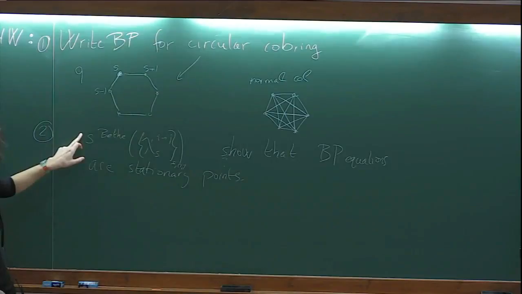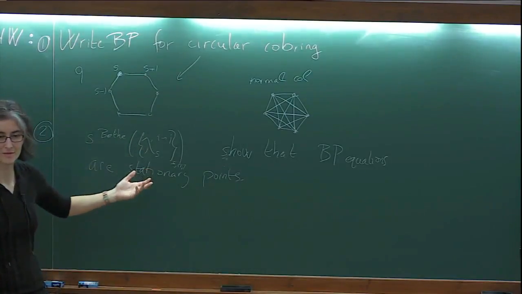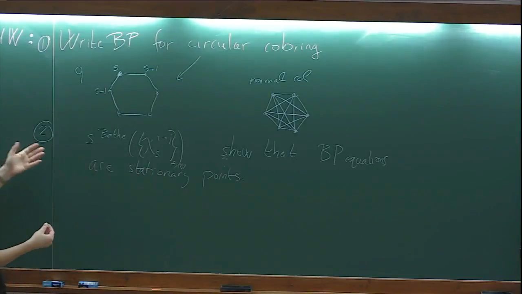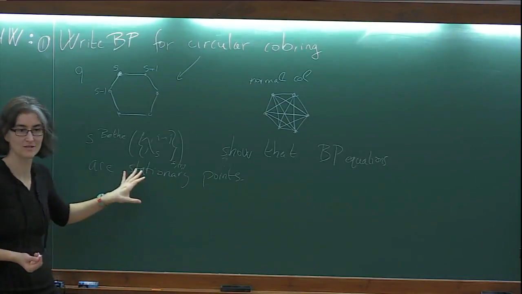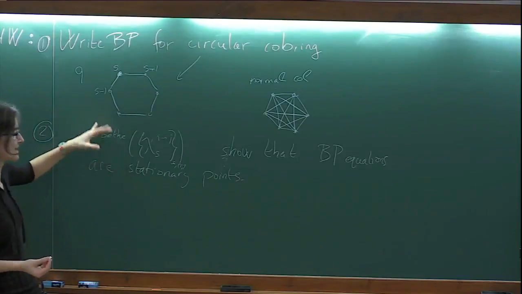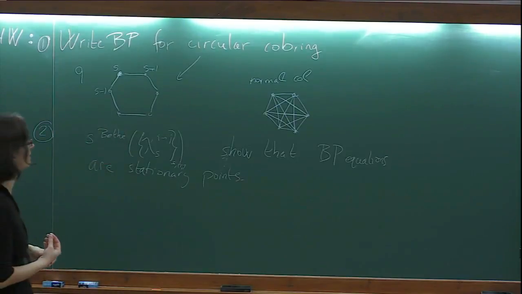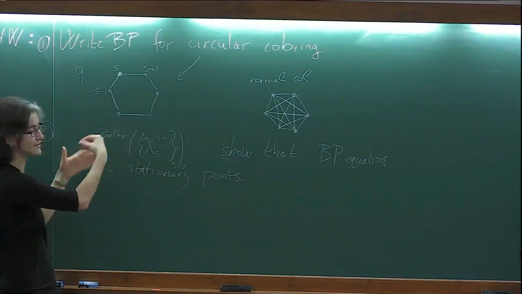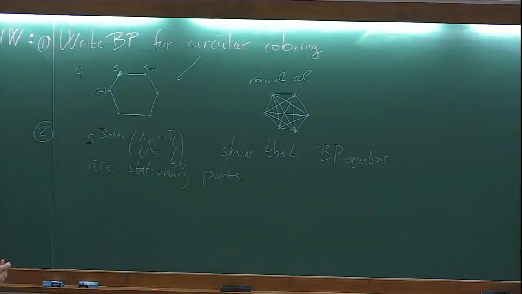So, take the derivative of this expression with respect to each of the messages, set it to 0, and show that this is satisfied if and only if the BP equations are satisfied. Right, that's what I mean by stationary point. It's either a minimum, maximum, or a saddle of this function, the fixed point of the BP equations. So that's an exercise in manipulating these equations and seeing how things work out.